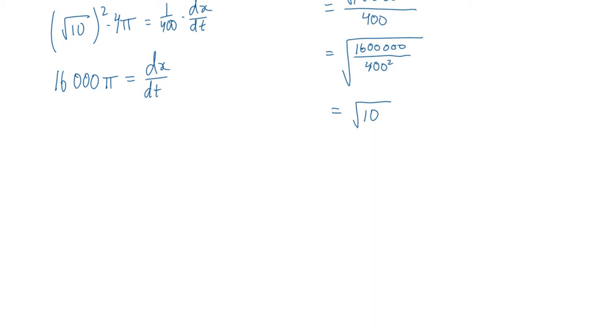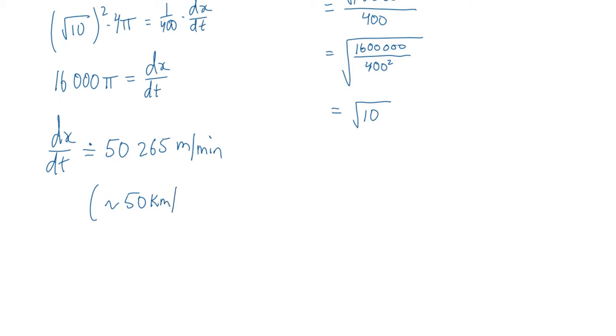So when I multiply 16,000 by pi, I got dx by dt is approximately 50,265 meters per minute. That is more than 50 kilometers.